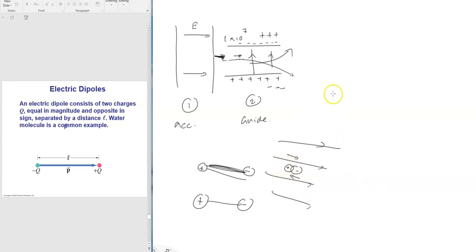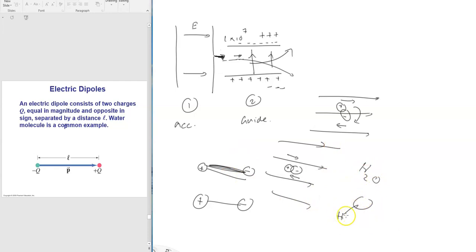But we redraw this. If you place this thing at an angle, plus and minus, here's a force, which gives it a rotation. So dipole molecules, a good example is H2O, right?